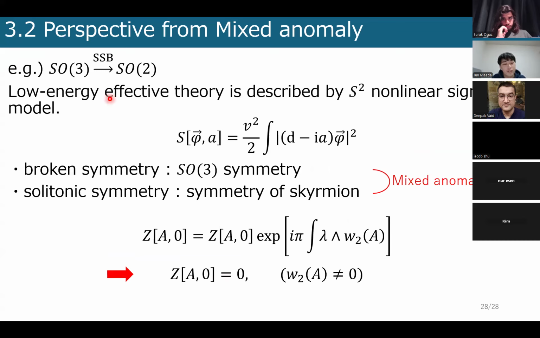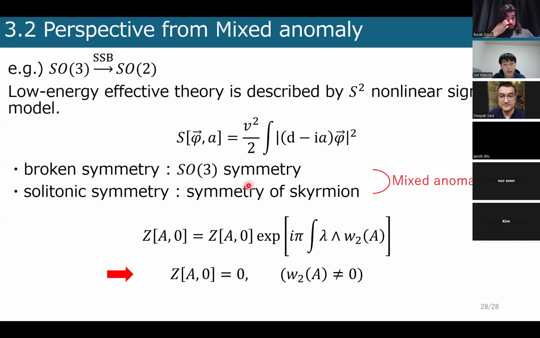So let us consider the SSB phase where SO(3) symmetry is spontaneously broken to SO(2) symmetry. Then in this phase, the low energy effective theory is described by the S^2 nonlinear sigma model, or equivalently the CP^1 nonlinear sigma model. And the action is given by this. And of course, this system has SO(3) symmetry, which is a broken symmetry.